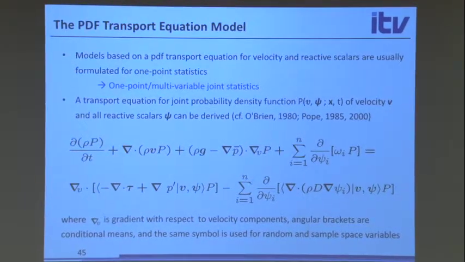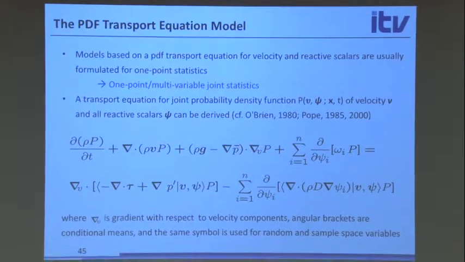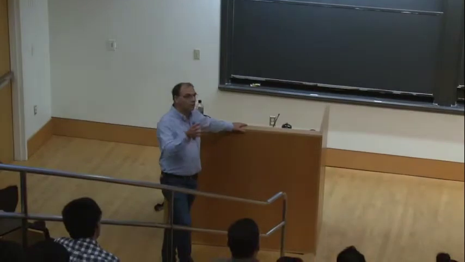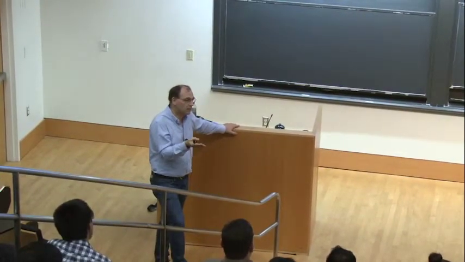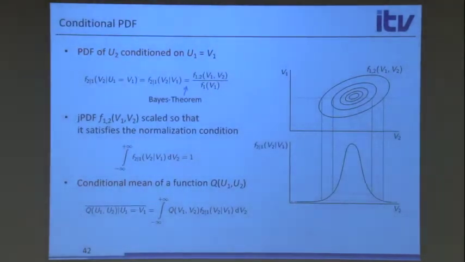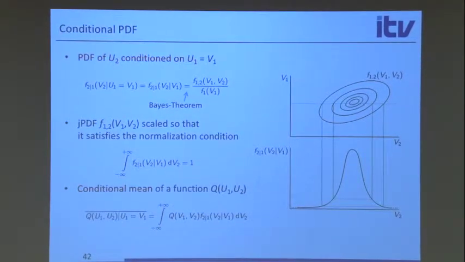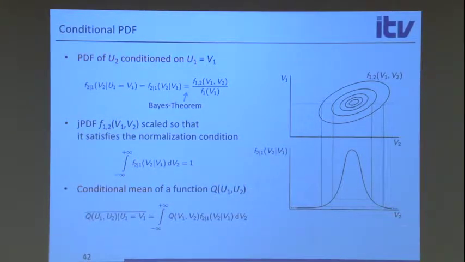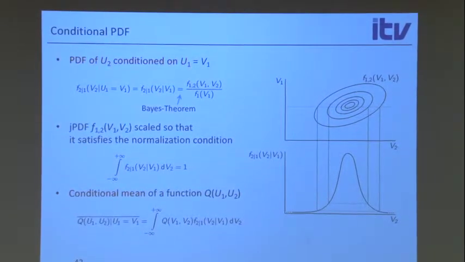The other interesting thing comes from the PDF of all scalars. Now think of how that function looks. The PDF of a single quantity is a scalar value as a function of the sample space variable, so here is a one-dimensional function.